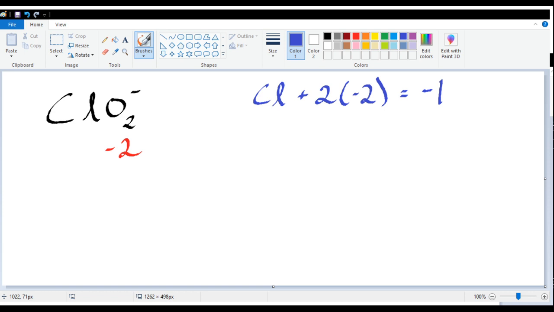Remember, oxidation numbers add up to the charge on the whole kit and caboodle. So if it's a neutral compound, it adds up to 0. In this case, it's a polyatomic ion, adds up to -1. The phosphite was equal to -3 because that was the charge on phosphite, PO3, 3-. In this case, chlorite, it adds up to -1. So chlorine minus 4 equals -1. So chlorine equals +3.